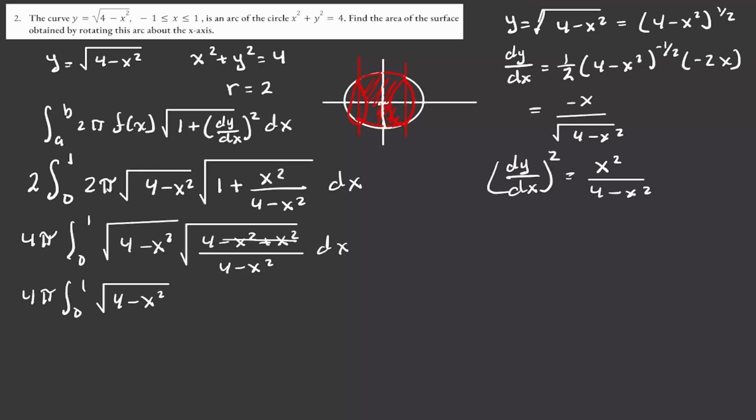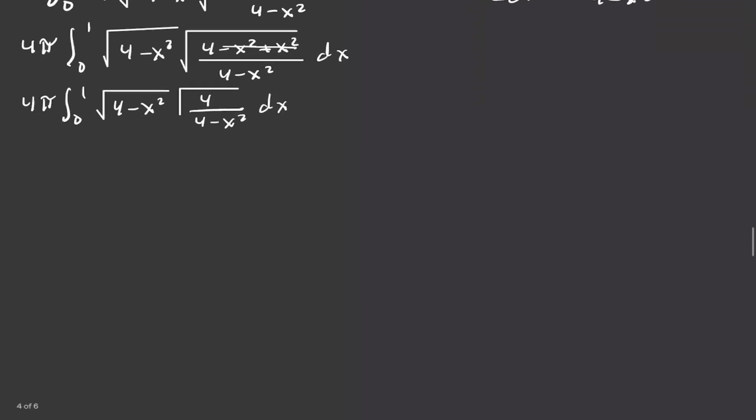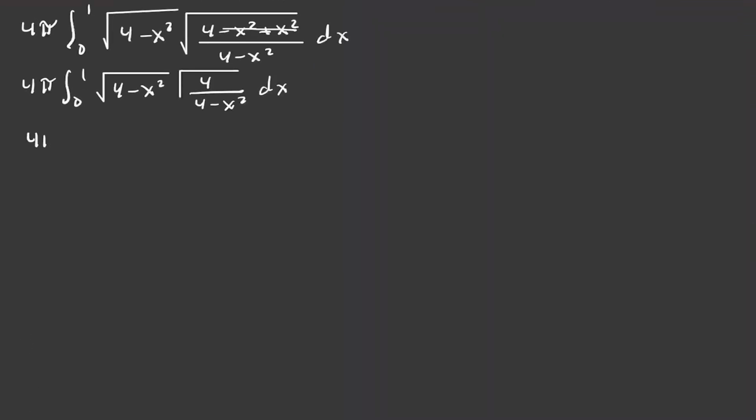Now here, these would cancel out, and I would be left with the square root of 4 over 4 minus x squared, dx. Using the square root property, I can rewrite this as 4 pi integral from 0 to 1 of the square root of 4 minus x squared times the square root of 4 over the square root of 4 minus x squared, dx.